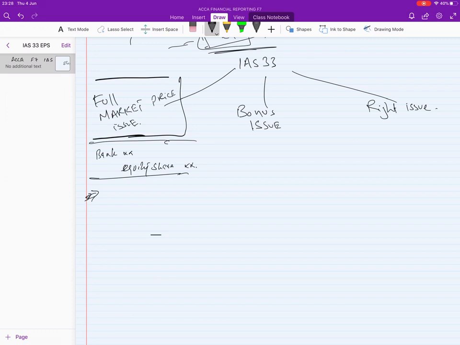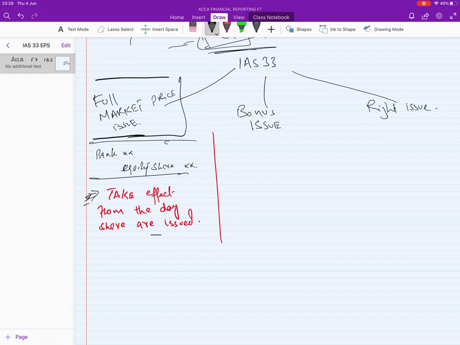I'll just write it down. This factor is really important, so I'm going to write it in red. Take effect from the day shares are issued. Because on the day you issue the shares, you get the cash.